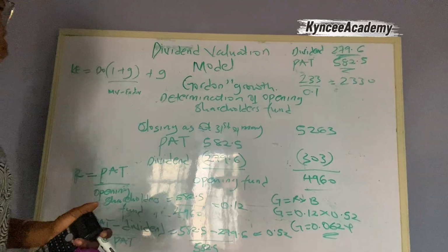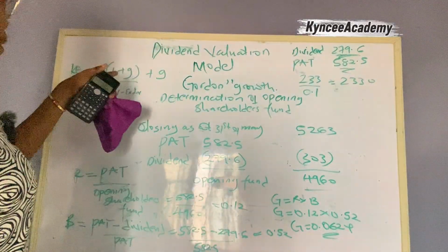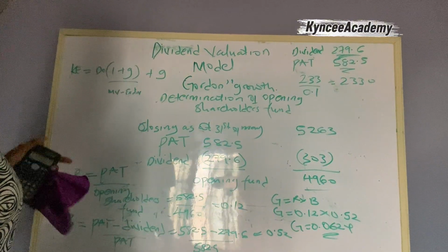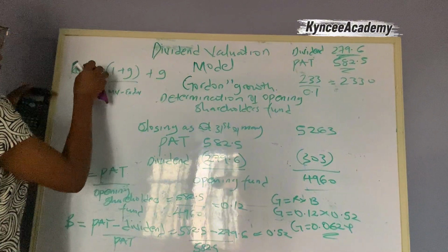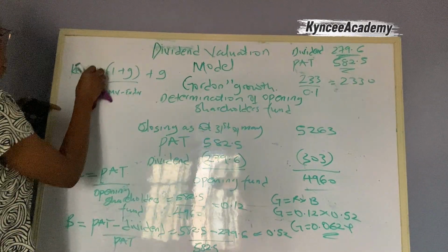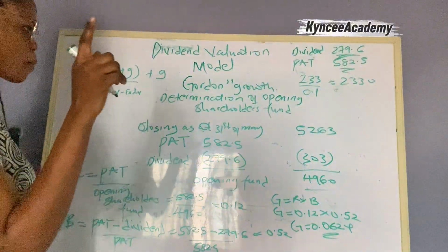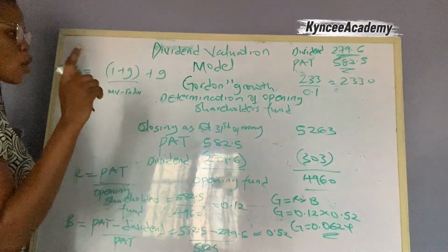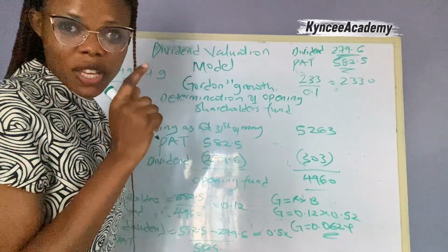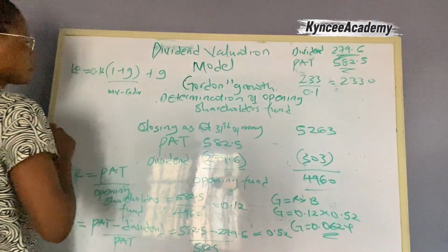So now we want to impute this growth rate into our formula, right? So remember, this is our dividend, that 0.12 that we got earlier as our dividends per share, right? That's what we are going to use as our current dividends. You understand?